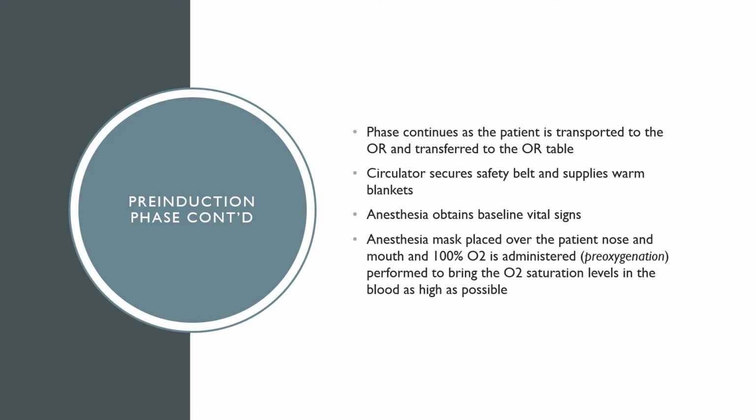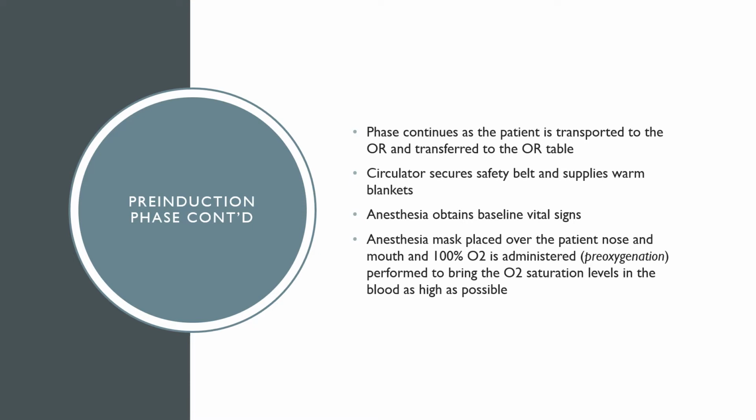Anesthesia is going to obtain the baseline vital signs by hooking them up to those leads on the EKG, the blood pressure cuff, their pulse oximeter, their temperature, if that's what we're doing with the strip across the forehead. He's going to get a baseline level of vitals. Once all of that is complete, the anesthesia mask is placed over the patient's nose and mouth, and they are given 100% oxygen.